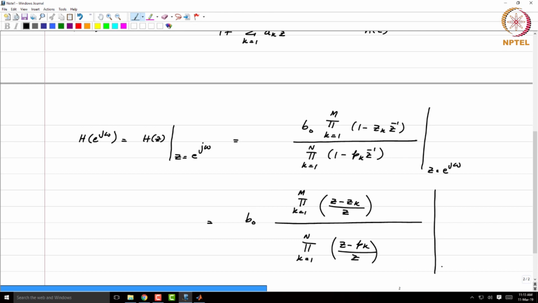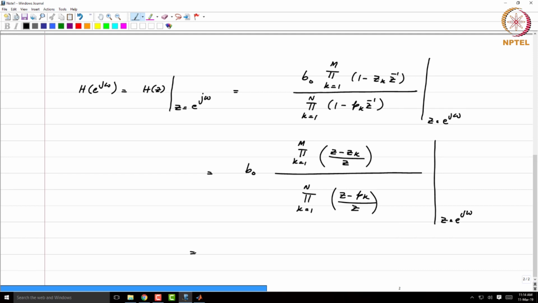Of course, we are going to evaluate this along the unit circle. Now, if you look at this pi product, each term in the pi product has a denominator z. So, when you multiply this out, you will have z to the M in the denominator. Similarly, here you have z to the N in the denominator of the denominator. Therefore, if you simplify this, this will give rise to z to the N minus M.